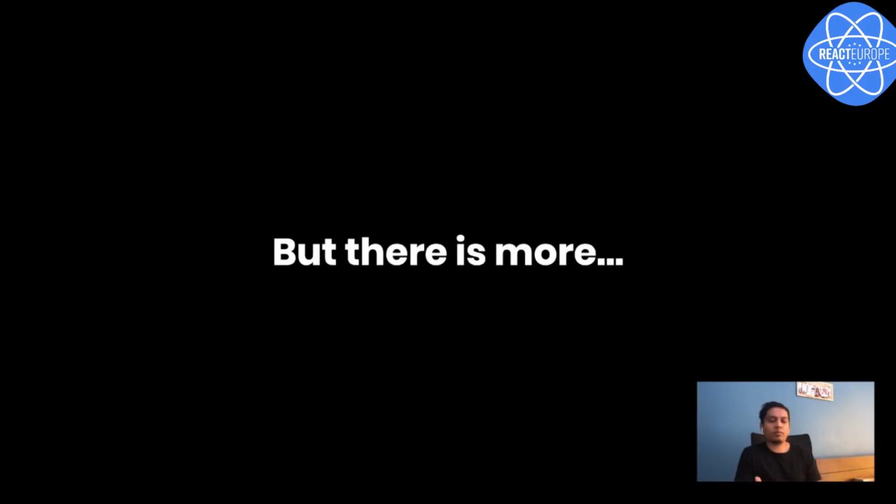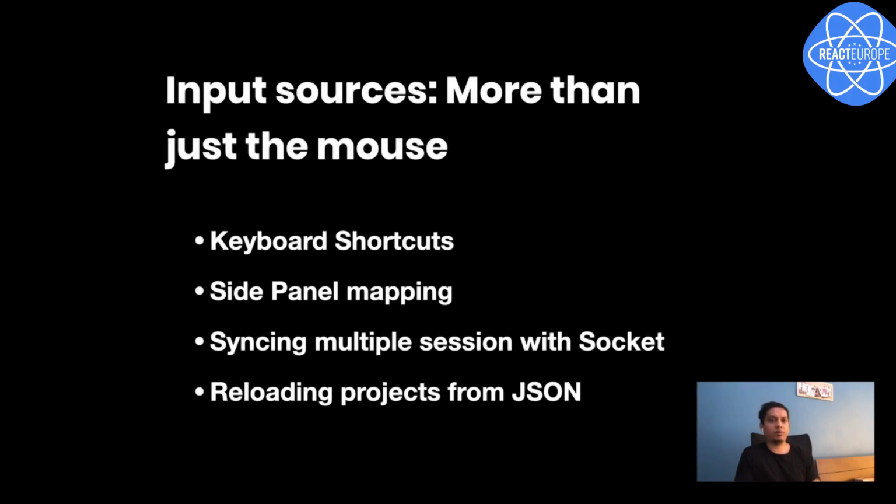All right, but that's not a complete design tool. You need a few more things like input sources. They can be more than just the mouse movement or interaction, like keyboard shortcuts. We can have a property panel on the right side which maps to the user interface. Then we can have multiple users using the same browser, and we need to reload the project from JSON.